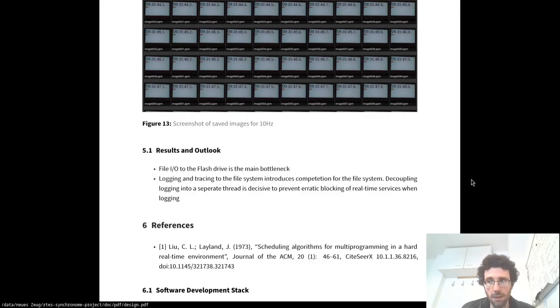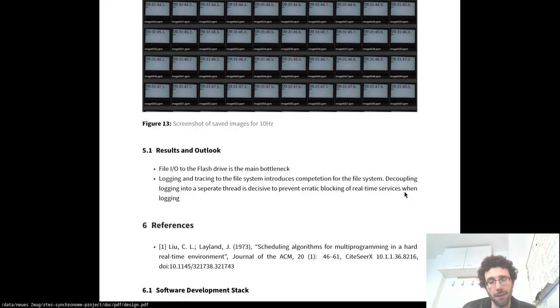So it's decisive to decouple all kinds of file system access from the real-time services. Otherwise, in the case of the system log files, this results in the services occasionally being blocked in logging operations whenever the file system is already occupied, and this will make the services miss their deadlines.